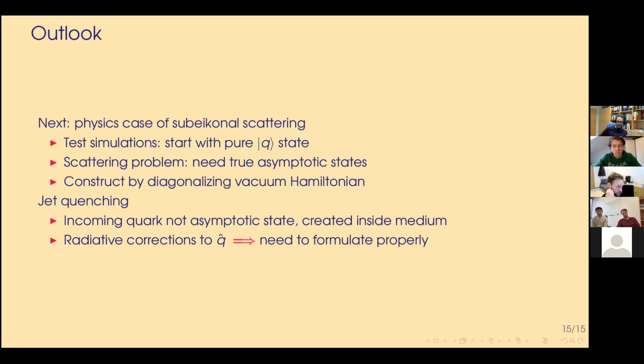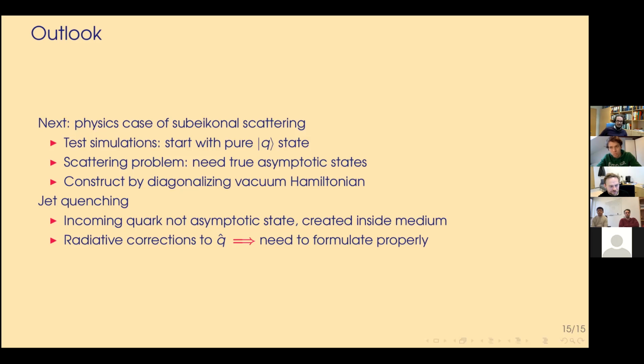But there are 24 color states altogether: a decuplet, a triplet, an anti-sextet, and a 15.